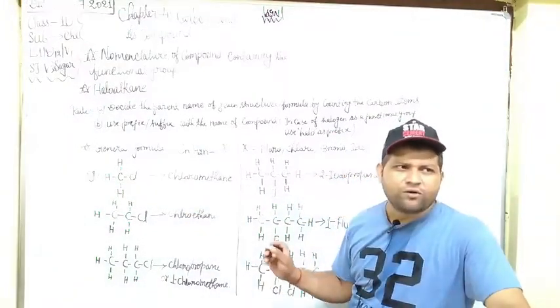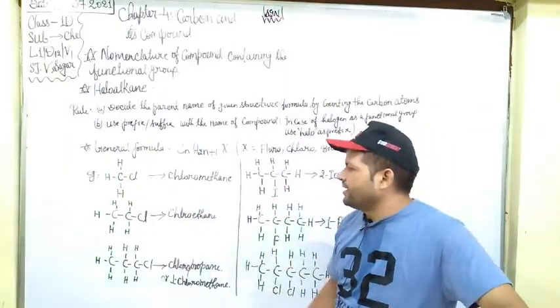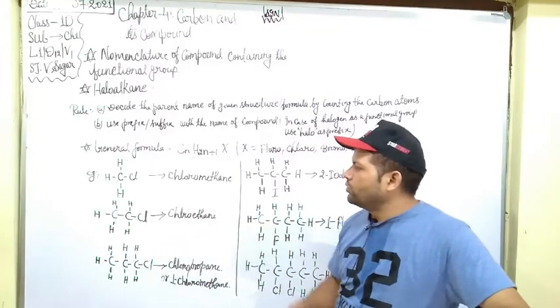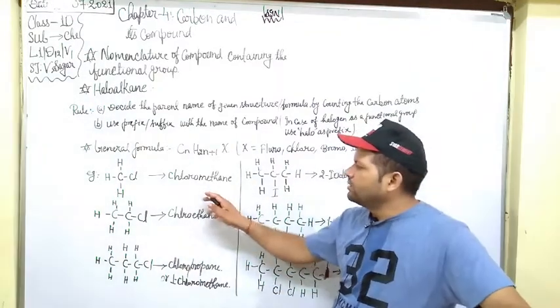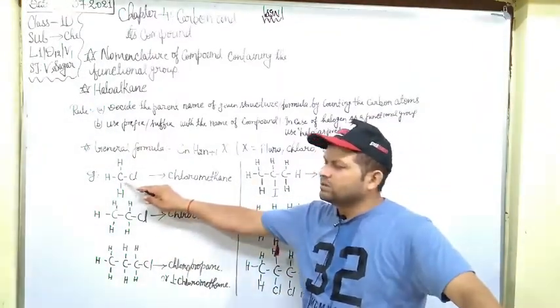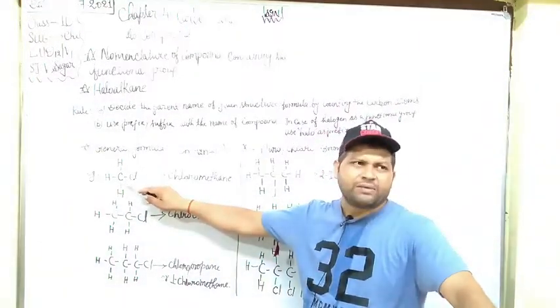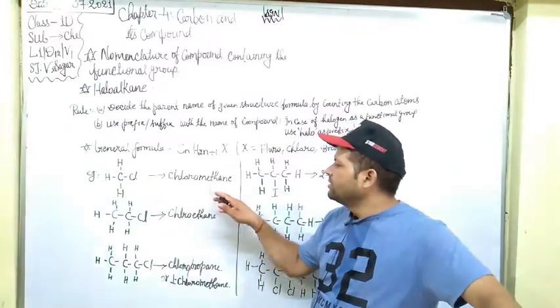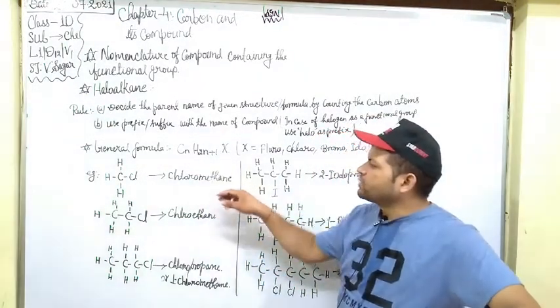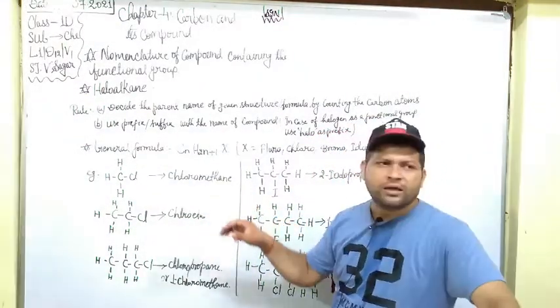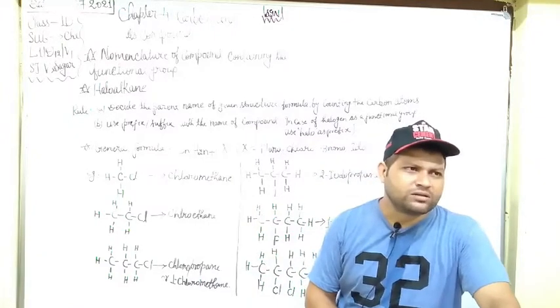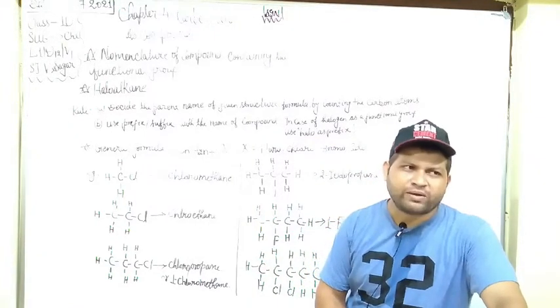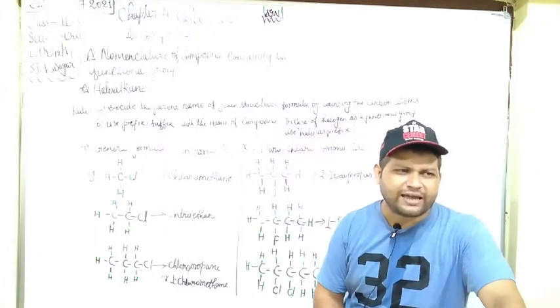The name of this compound will use chloro, and the parent name for one carbon atom is meth. In the case of alkane it is methane, and we add chloro as a prefix to write its name.